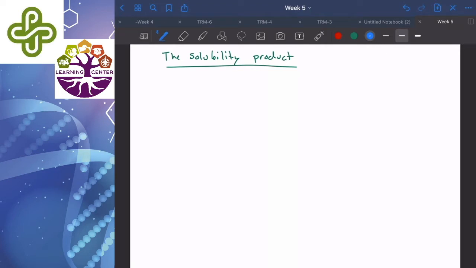So let's start out by saying the solubility of a substance can vary from essentially zero, for things that are completely insoluble or just barely soluble, to infinity.